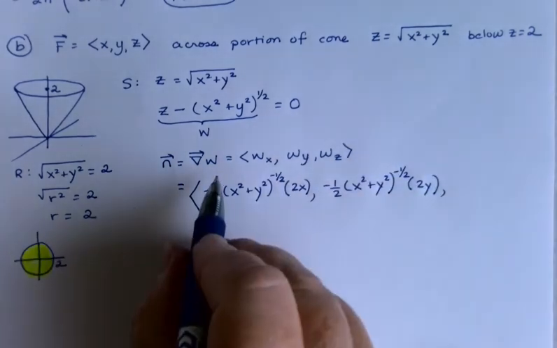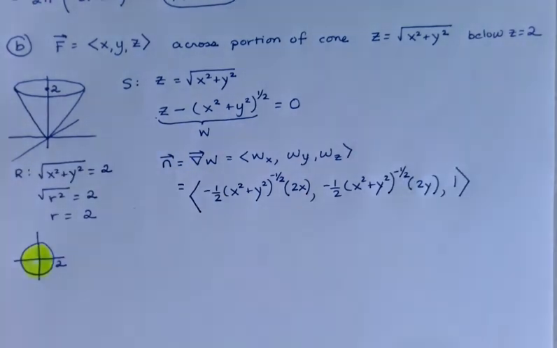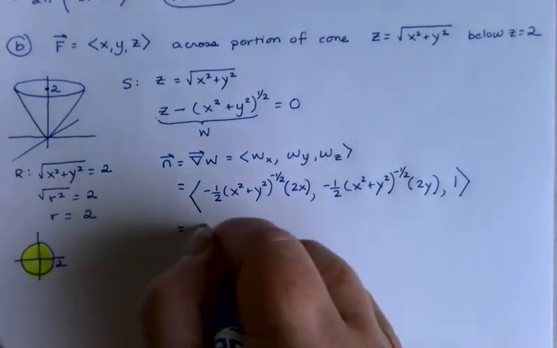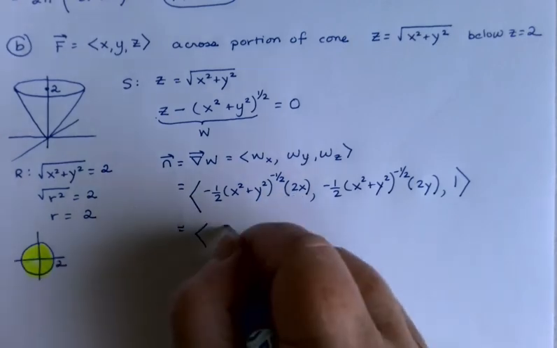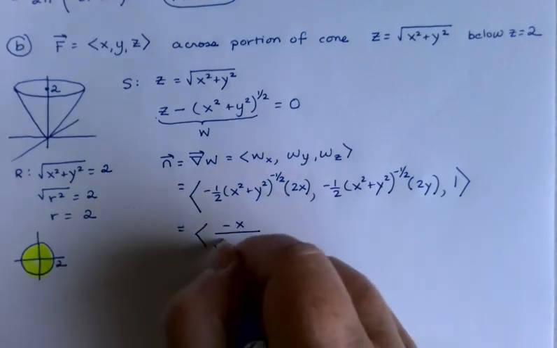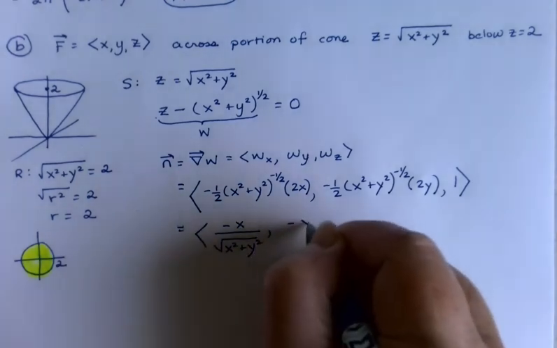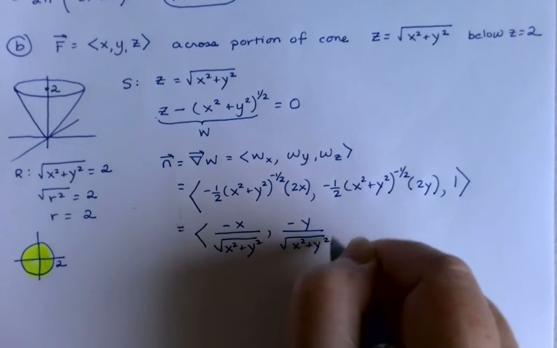And then the z derivative is just a positive 1. Again, there's that upward normal. Z is positive. Let me simplify that just a little bit. That would give me a minus x over the square root of x squared plus y squared, a minus y over the square root of x squared plus y squared, and a 1.